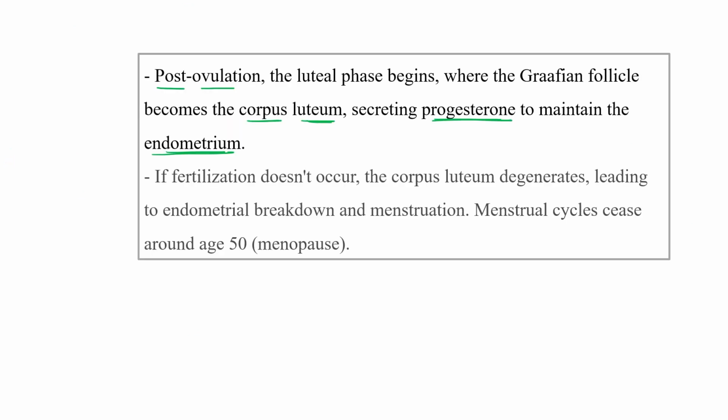Clear? So if fertilization doesn't occur, this corpus luteum degenerates, leading to breakdown of endometrium again and menstruation starts. So this is how the menstrual cycle works, and it continues until around the age of 50, and this stage is known as the menopause stage.